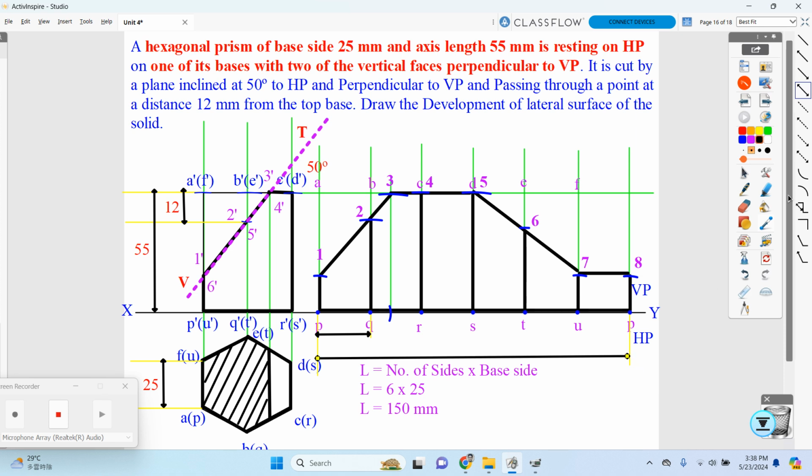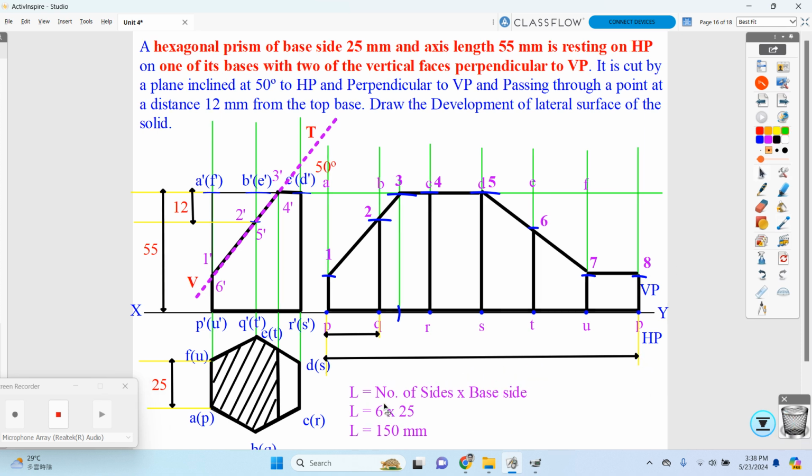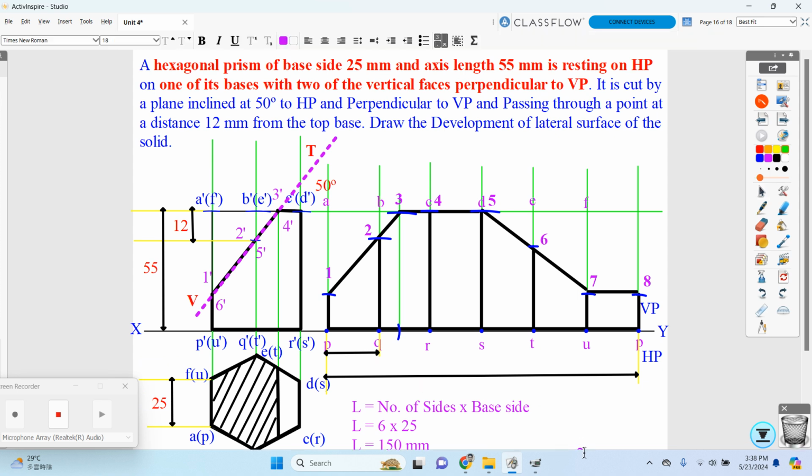For the first one, it will be 25. Your base side is 25, so you will surely get your distance as 25. Similarly, the entire length you have calculated as 150. I'm going to keep it over here.